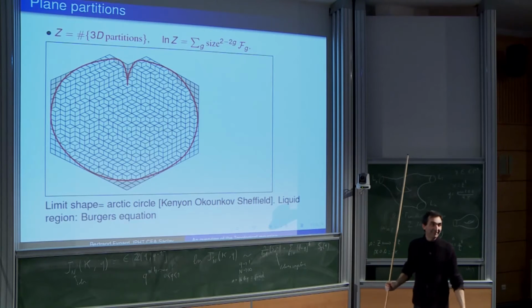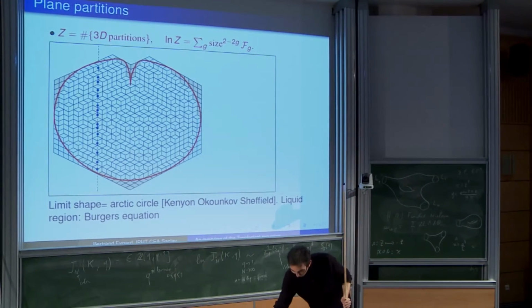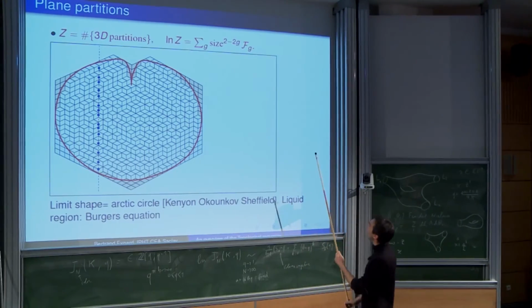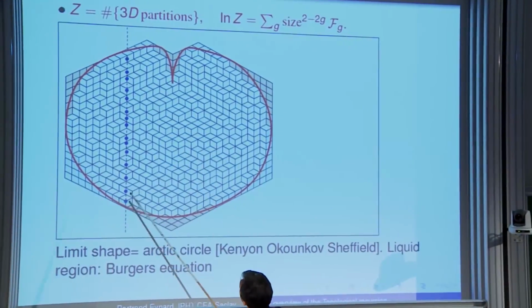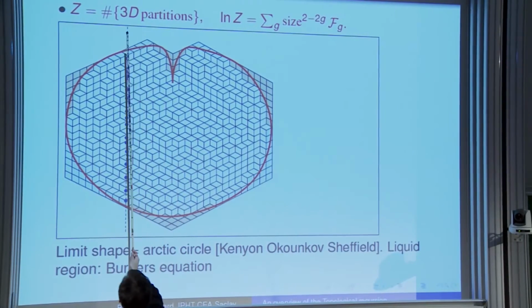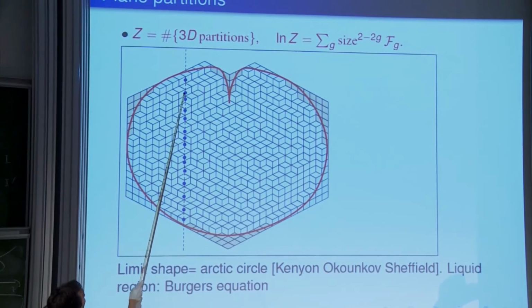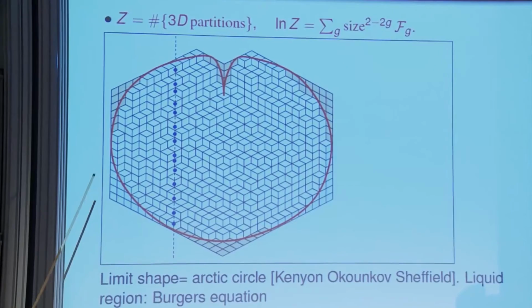Okay, let's make a guess. Well, in fact, it's slightly more subtle. The good guess is something slightly more subtle. Take any vertical slice of that picture and plot a particle whenever there is a vertical edge.